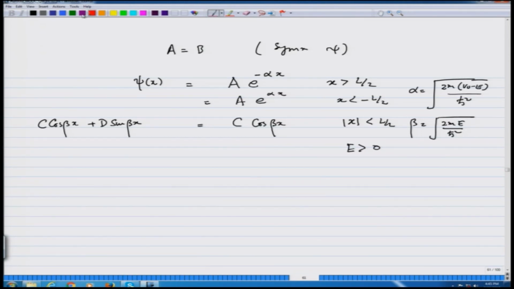How about the antisymmetric wave function? So, let us write for the antisymmetric wave function.